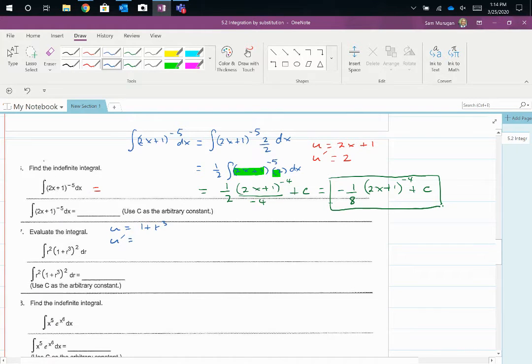So u prime is equal to 3r squared. So now we look at our integral. We've got r squared times 1 plus r cubed squared dr.